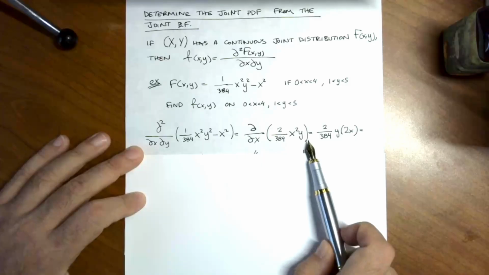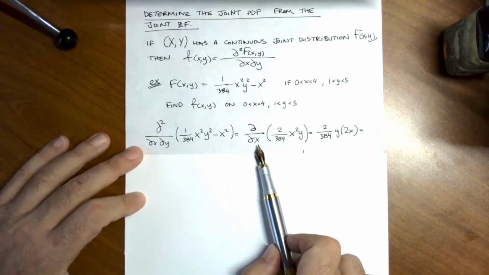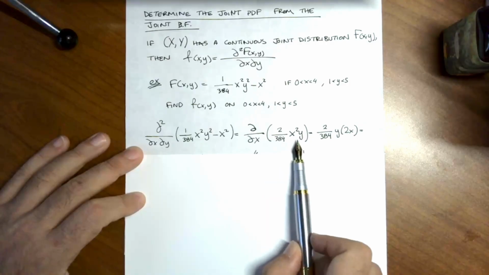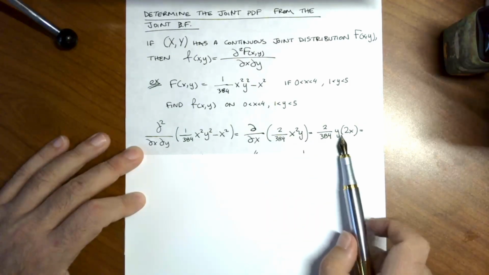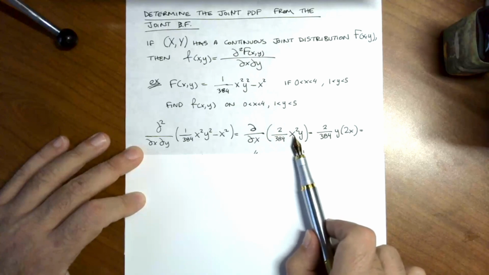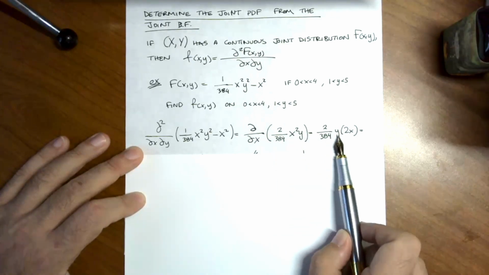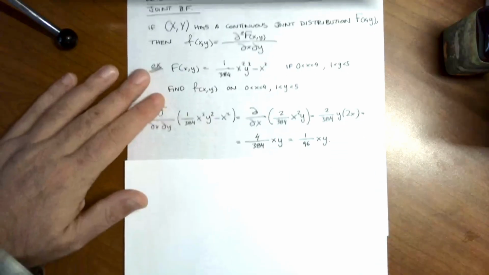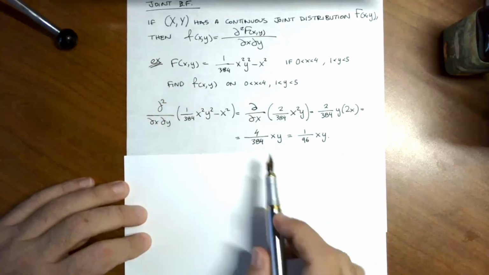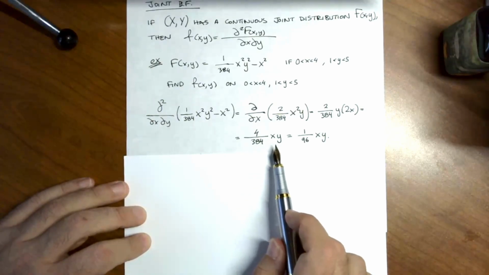So you have this expression that then you need to take the partial derivative now with respect to x. If you take the partial derivative with respect to x here, that 2 is going to come to the front, so 2x effectively, and the rest stays the same. So 2 over 384 times y times 2x. You do this calculation, you get 4 over 384 times x times y.